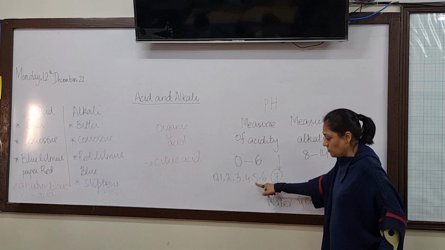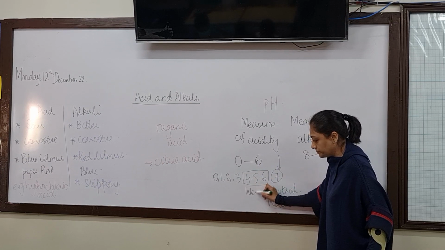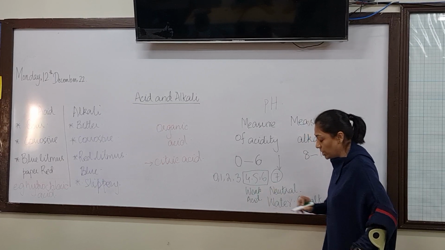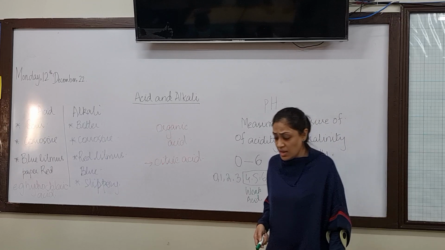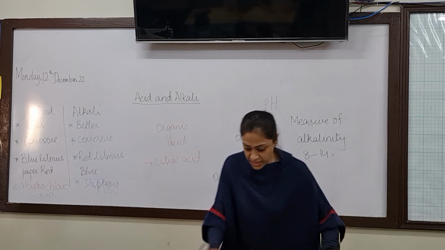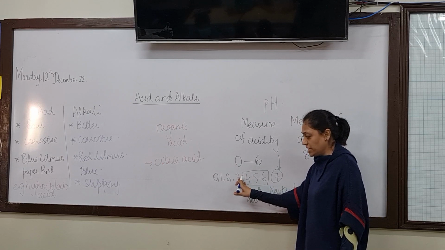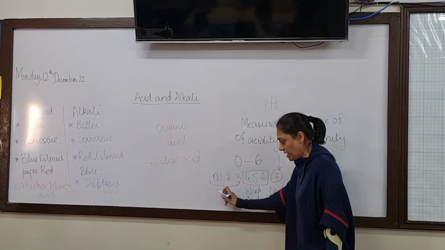So 6, 5 and 4, they are considered as the weak acids. Because it releases very less amount of energy. This is not in our course right now, but we will study later in later classes in grade 8. So, and all the acids that has pH value of this, they are considered as the strong acids.